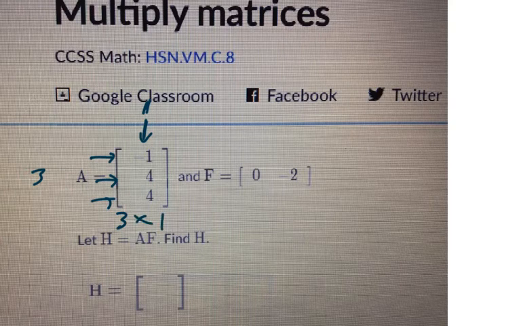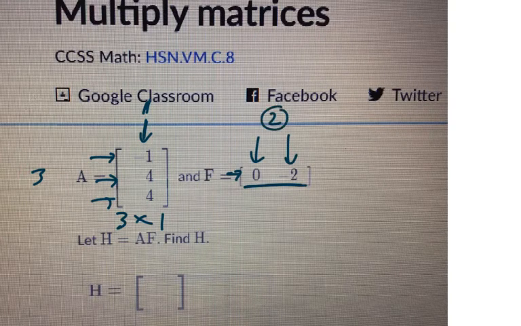Now watch carefully. The 3 rows have only 1 column of numbers in them. Now let's look at matrix F. Notice matrix F only has 1 row, but 2 columns. We would call that a 1 by 2 matrix.